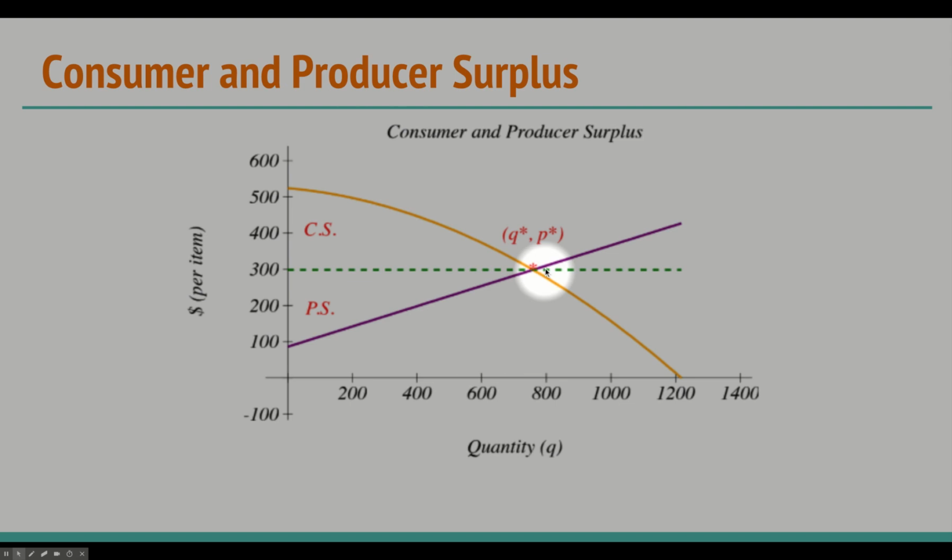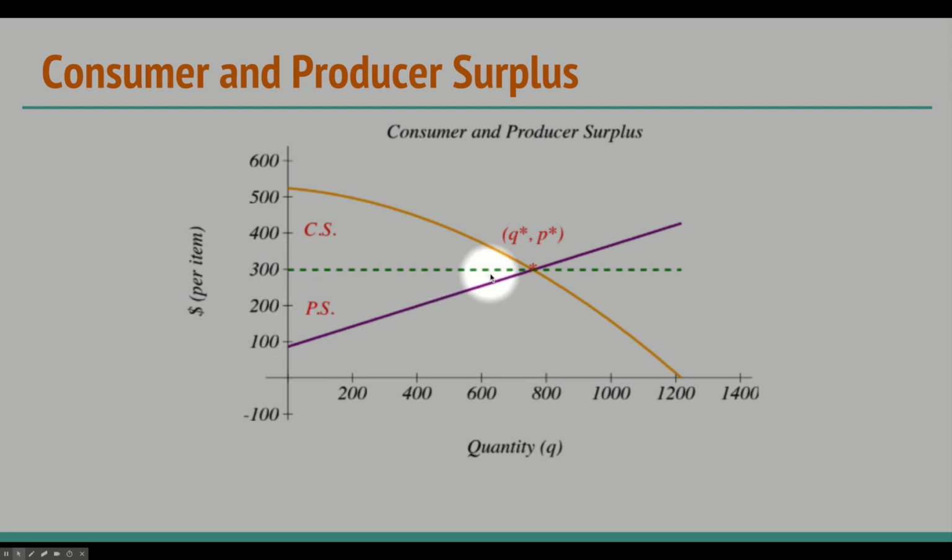We'll also use another tool from calculus called integrals or integration to compute things like the consumer and producer surplus. The consumer surplus is the area trapped between this green dotted line, the orange demand curve, and the vertical axis. The producer surplus is the area here of this triangle labeled PS. Now, finding the area of a triangle is relatively simple.